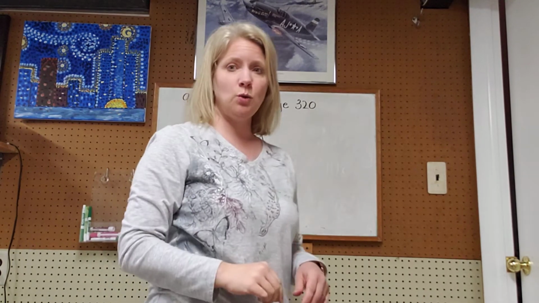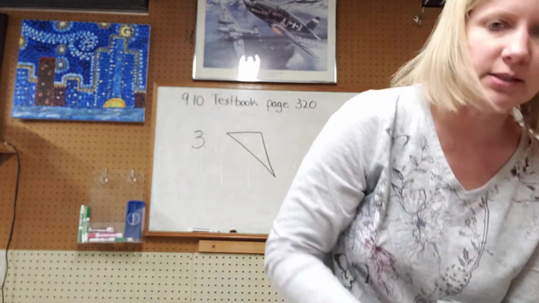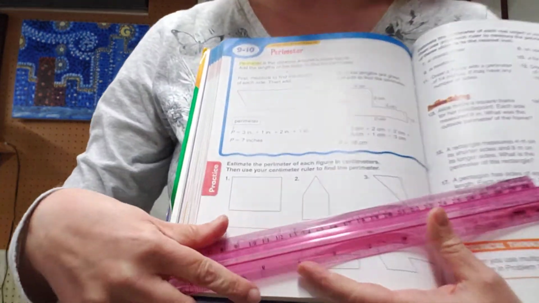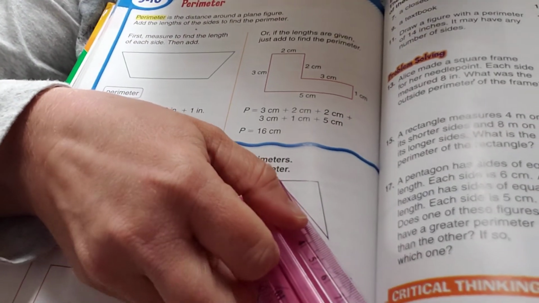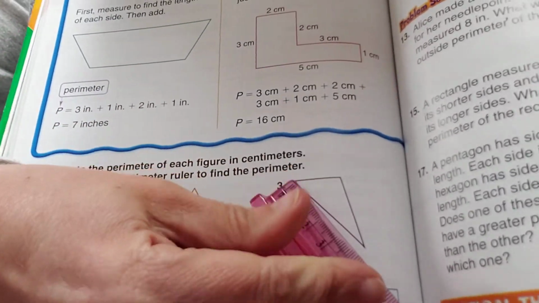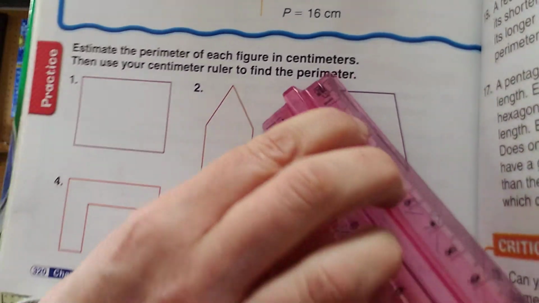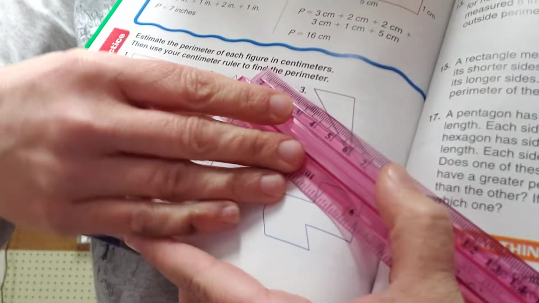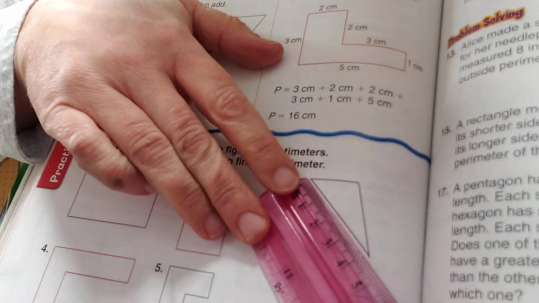Okay, so we're going to have to do all 3 measurements because it's a scalene triangle. Okay, let's measure the scalene triangle using our ruler. Let's see if I can get it so you can see. It's a little tricky. Try to do upside down and backwards. Let's try to get it for you.